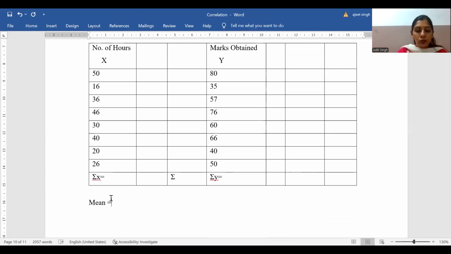Mean is equal to sum of x divided by n. So this is the formula of calculating mean. And mean for y is equal to sum of y divided by n. This is how we will calculate.